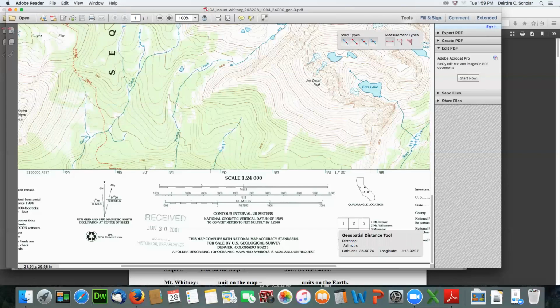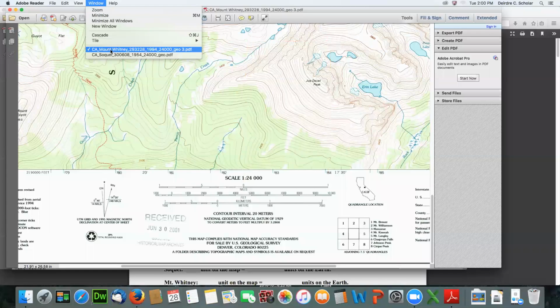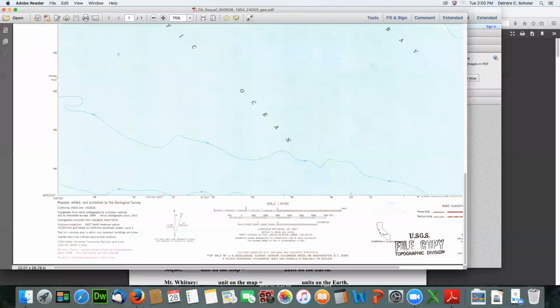So if I use the measuring tool down here on the graphic scale, starting at the 0 and going out to 1 mile, that gives me a distance of 2.64 inches. Notice down on the lower right, there's a little box that popped up with the distance tool, and it says 2.64 inches.